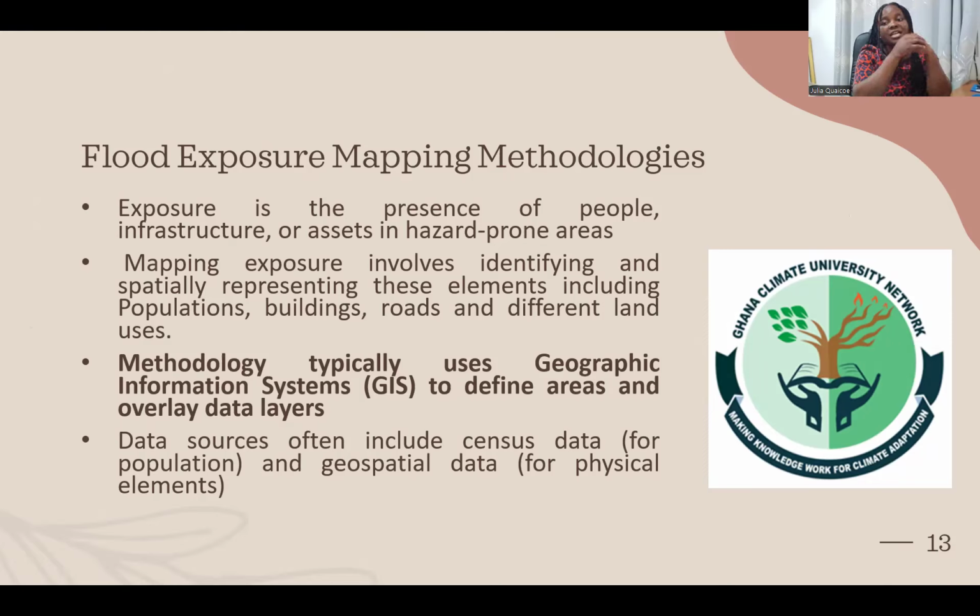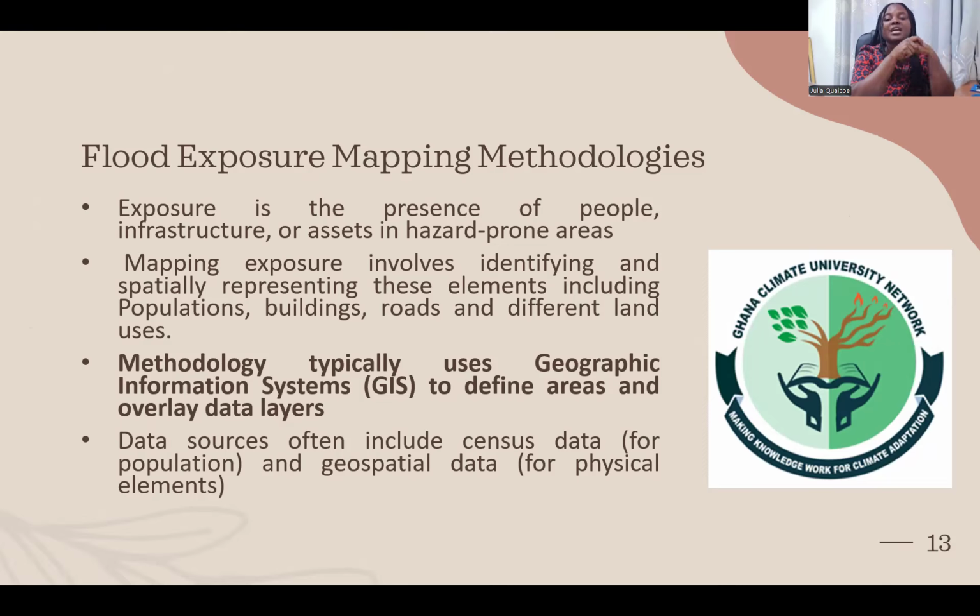And if we are looking at flood exposure, we can also consider certain mapping methodologies for flood exposure. Exposure, like we have already said, is just the presence of people and infrastructure or property within the flood prone zone, all right? And so in mapping exposure, we mostly identify and spatially represent these elements, including the population, the buildings, the routes, and all the other things, all right?